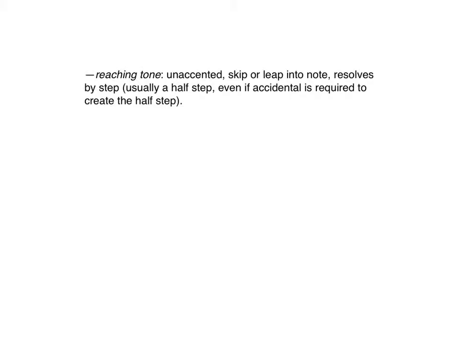The last of the incomplete neighbors are the reaching tones. This is not covered in your book, so I'm adding this. It's also unaccented, and we have a skip or a leap into the note, and it resolves by step. Think of this as the opposite formulation from the escape tone, except both of them are unaccented. I'll have to show you an example of this.